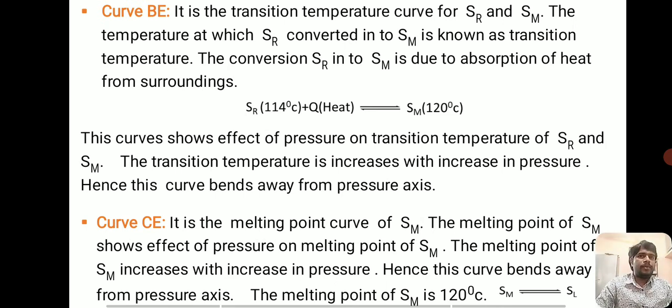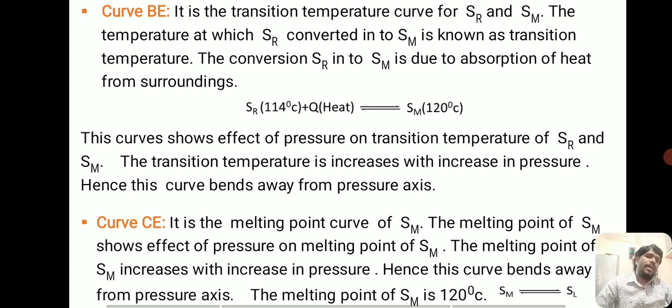Curve BE. Curve BE is the transition temperature curve for SR and SM, that is rhombic sulfur and monoclinic sulfur. The temperature at which rhombic sulfur is converted into monoclinic sulfur is known as the transition temperature. The conversion of SR into SM is due to the absorption of heat from the surroundings.